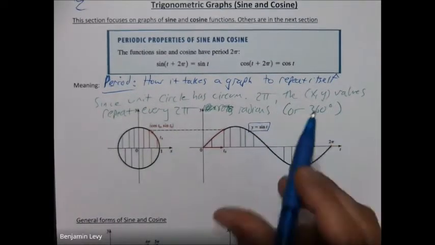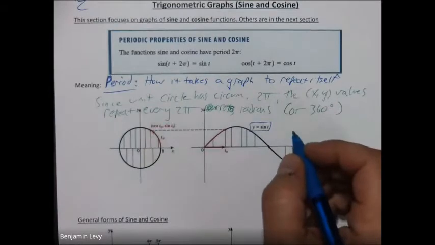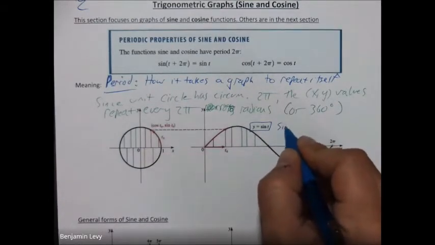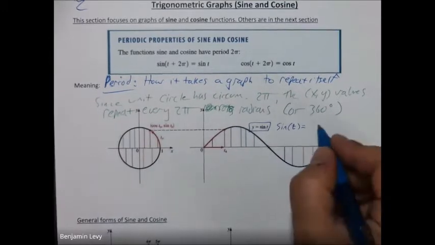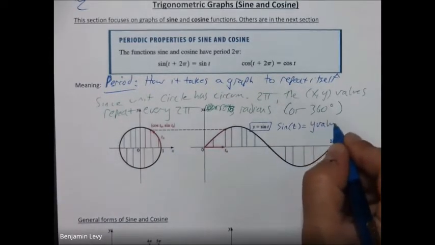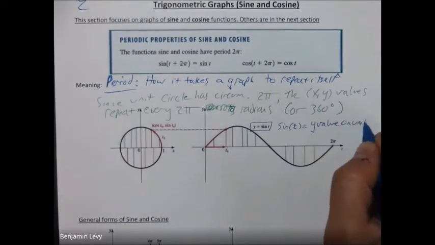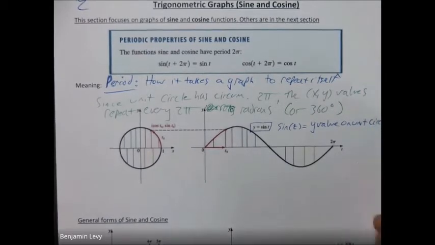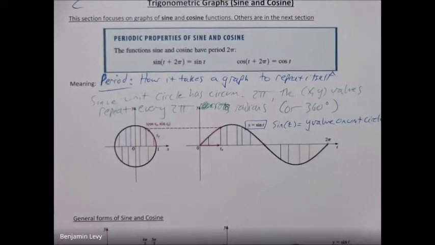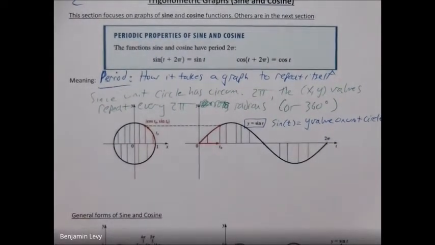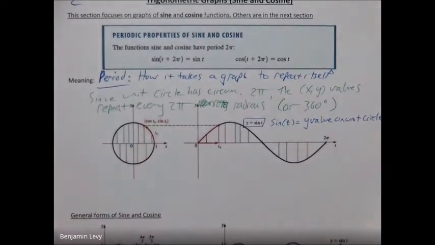We know from the trig functions section that when we think about sine at a specific t value, we're thinking about that as being a y value on the unit circle. That's how we actually evaluate trig functions: we would look for the y value if we're talking about sine and write down that value.